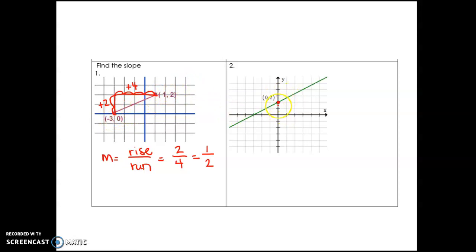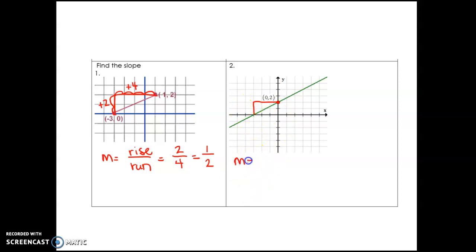Okay, here it only gives me 1 point, so I have to find another. So I go down this line, and I'm trying to find the best point, and I think it is right here. Okay, so I want to find my rise over my run to get to that point.